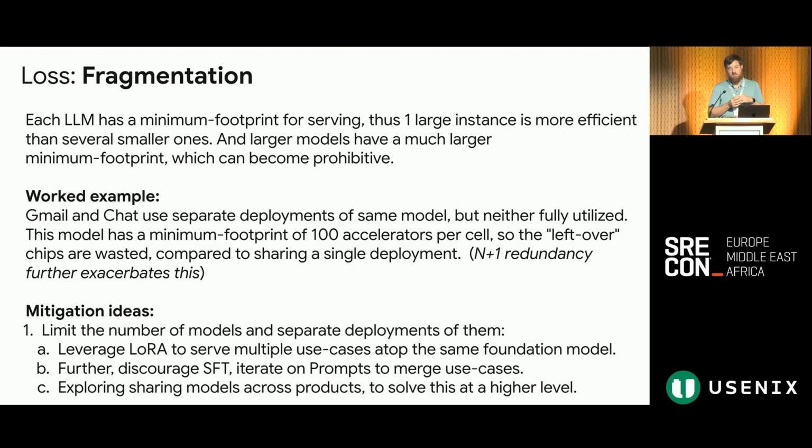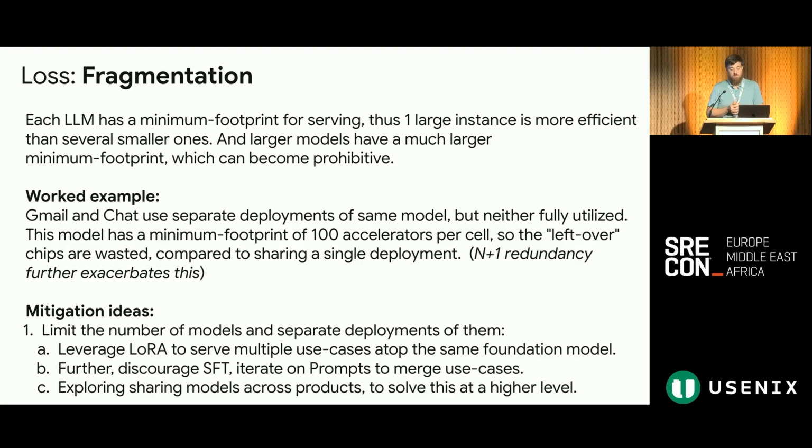What that means is that larger shared deployments make more sense than a lot of isolated per-product, per-feature deployments. And this is counterintuitive to SREs because we've got the idea that more isolation is better. But in this LLM world, you lose a lot by having isolated deployments.